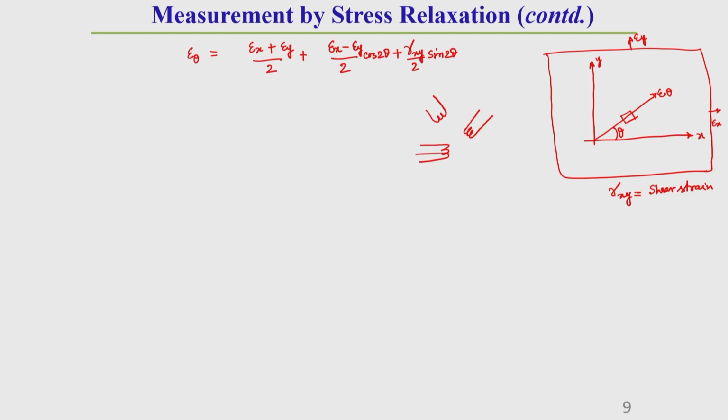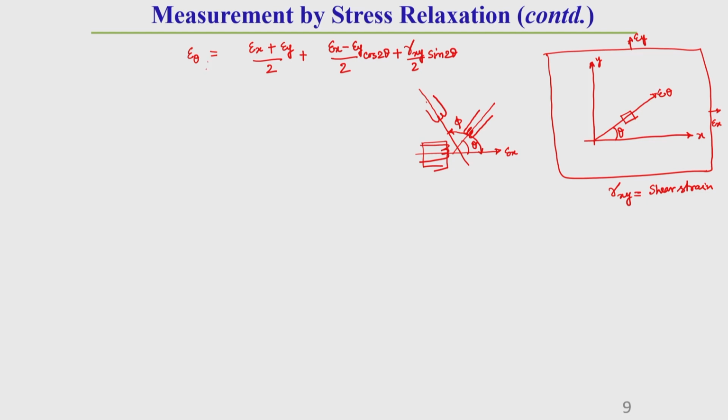The first strain gauge has a direction with the x axis, the next has a direction with the x axis of theta, and another has a direction with the x axis of phi. So at different directions we can get the strain value. The first one will give you epsilon x directly, as you can see.